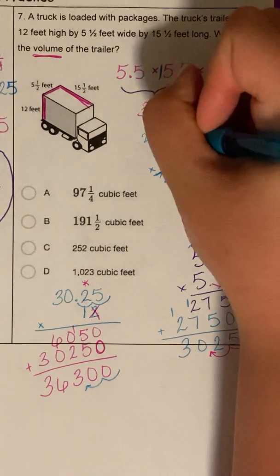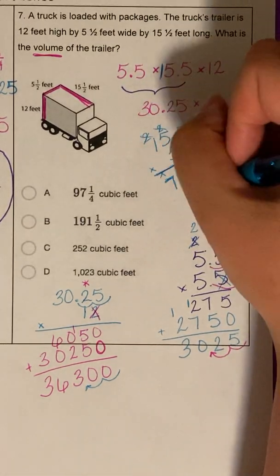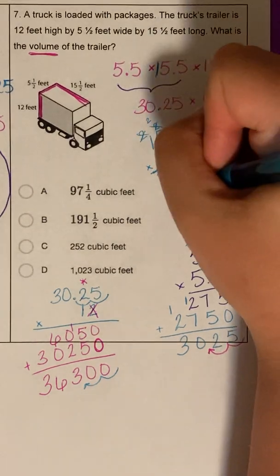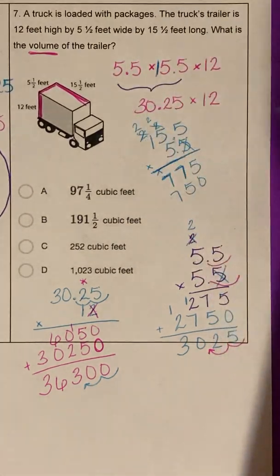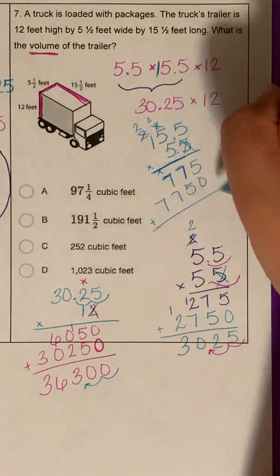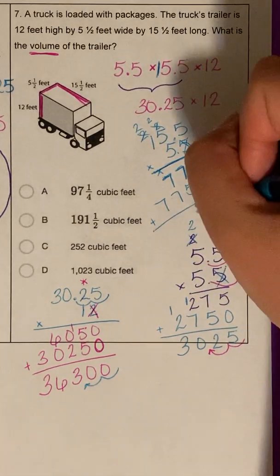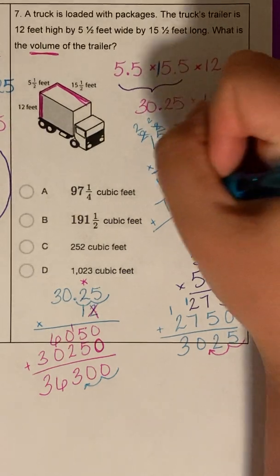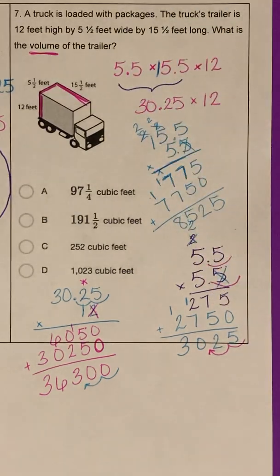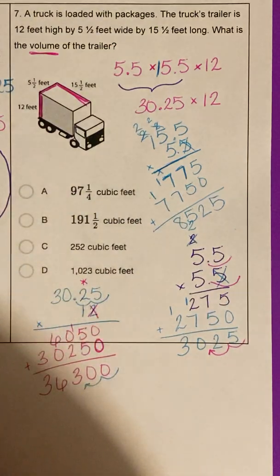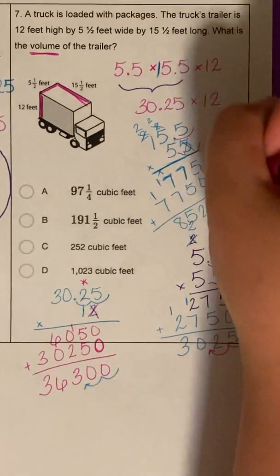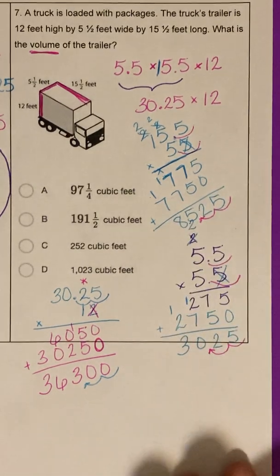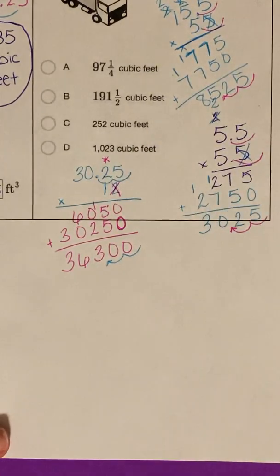Done with that. Placeholder 0. 5 times 5, 25, 26, 27. 5 times 1 is 5, plus 2 is 7. We have 5. 7 plus 5 is going to be 12. 7 and 7, 14, 15. 7, 8. So now we have 8, 5, 2, 5. And the decimal was 1, 2. So we have 85.25. I apologize for how sloppy my work is right now.